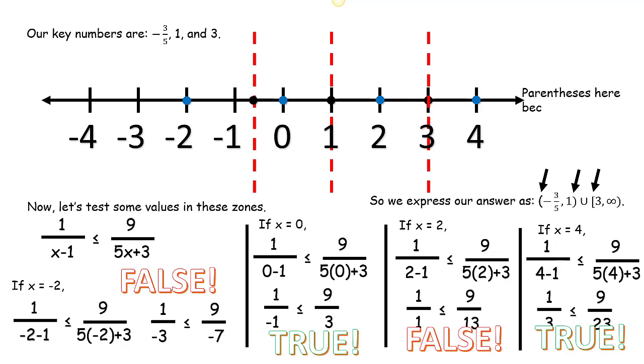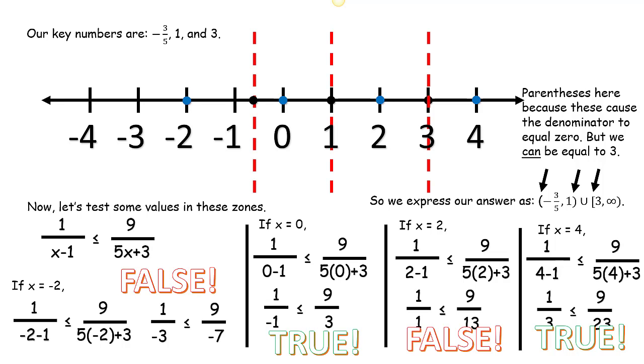What happens is, remember, -3/5 and 1 are the two numbers that make the denominator 0 in the original problem. Right, and so the original inequality, although it is a less than or equal to, 1 causes the left-hand side to be 0, and -3/5 causes the right-hand side to be 0. So we can't actually be equal to those numbers because that makes the denominator 0.